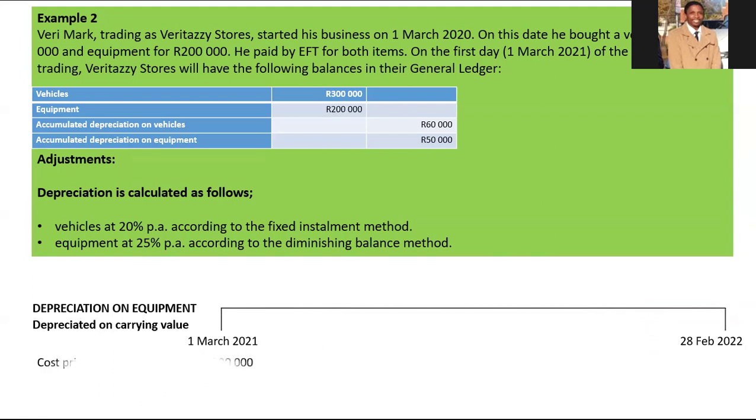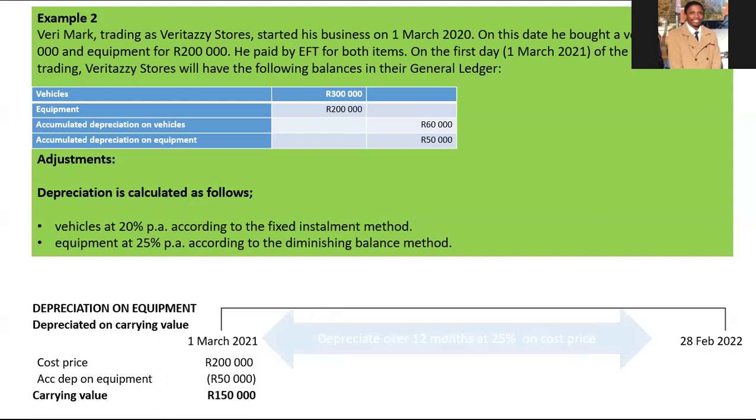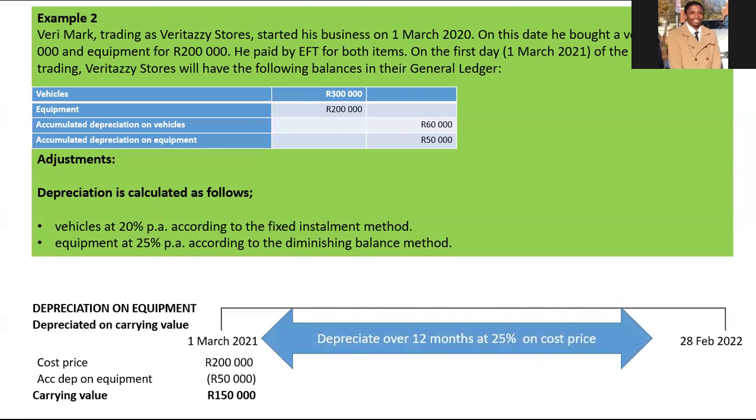You calculate carrying value at the beginning of the year by taking the cost price of equipment and subtracting the accumulated depreciation of equipment at the beginning of the year, then you will get carrying value at the beginning of the year of 115. Indicate for how long this asset was used in the current year. It was used for 12 months.